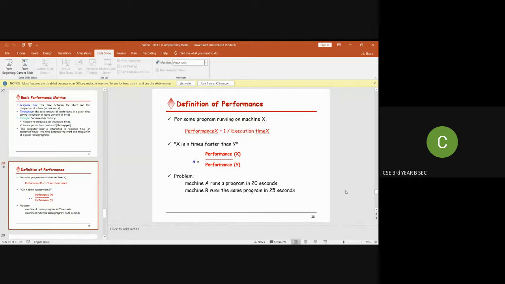Which one is faster? Absolutely A, because it has less execution time than machine B. B executes the same program in 25 seconds, which is a higher execution time, but A completes the same program in 20 seconds. So, A is the faster one.